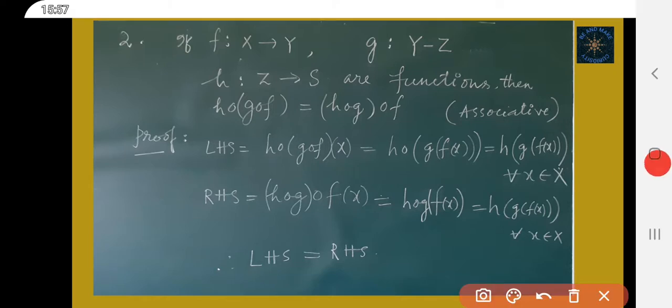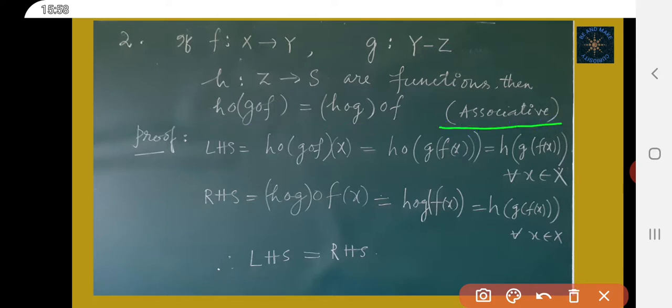Second, if function f mapping from X to Y, g mapping from Y to Z, and h mapping from Z to S are three functions, then h o (g o f) is equal to (h o g) o f.